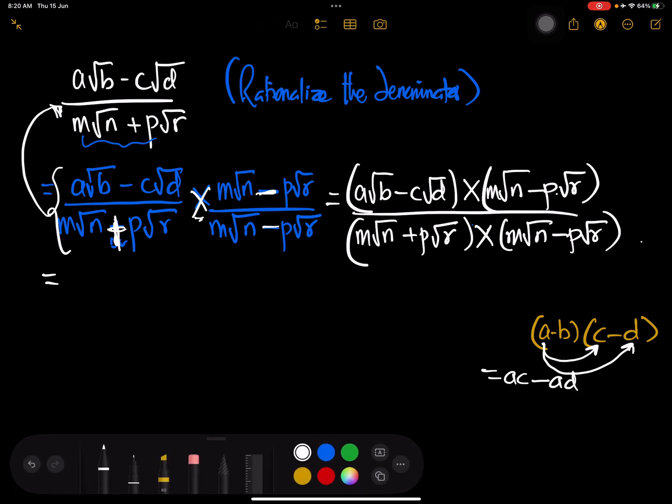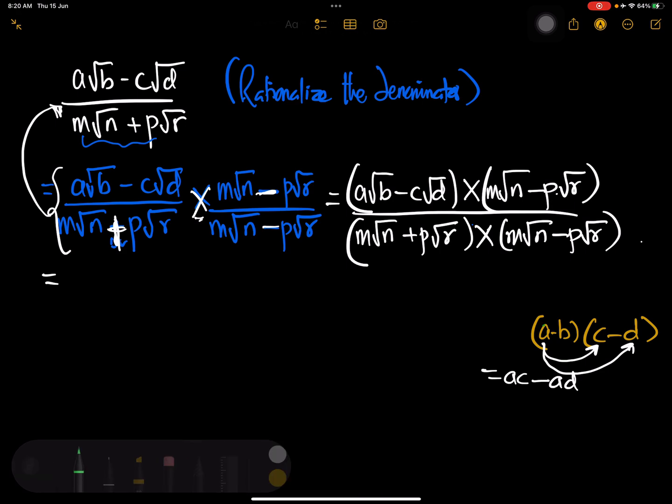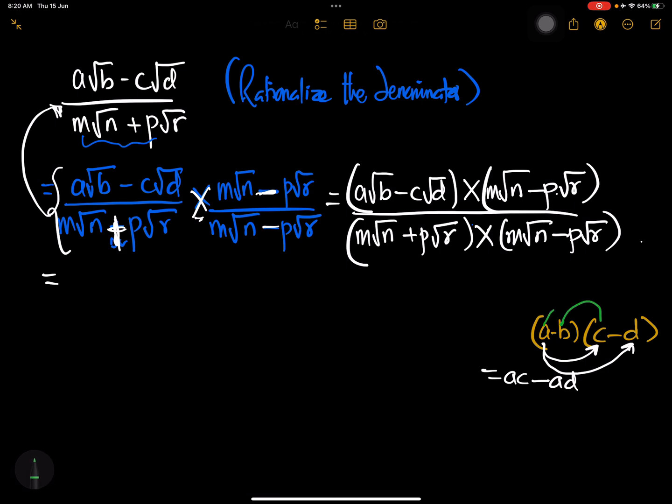The next thing is to multiply negative b by c, and you're going to get minus bc. And then the same negative b by negative d gives us plus bd, because we are multiplying negative and negative. If you remember this, we're going to use the same rules here.